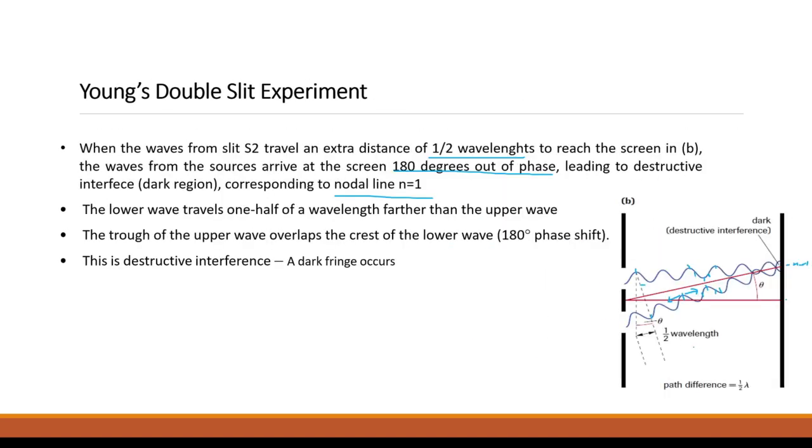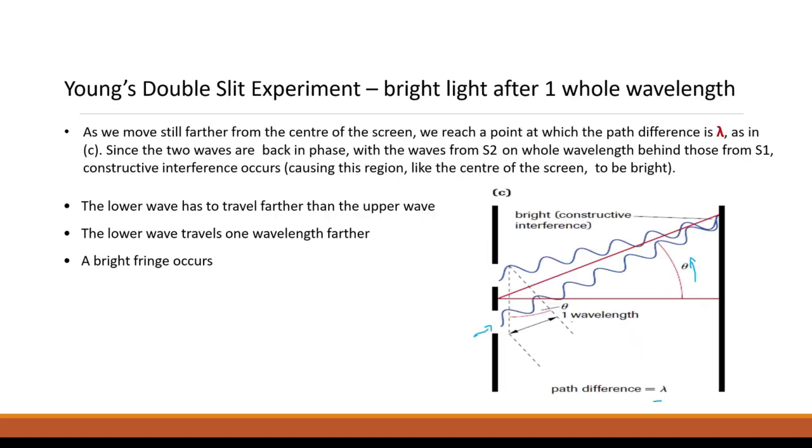And since a half wavelength puts it out of phase destructively, if it's traveling another extra half wavelength on top of that, it in fact brings it back into phase.